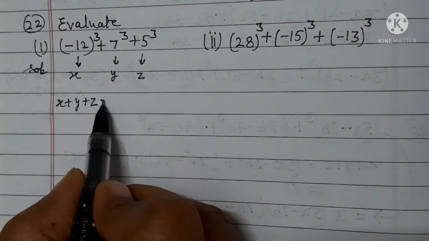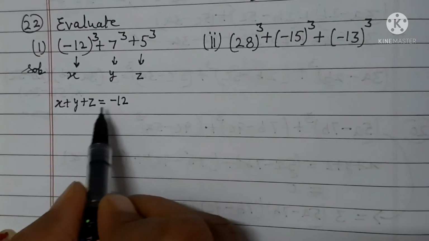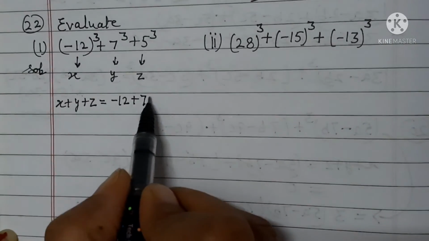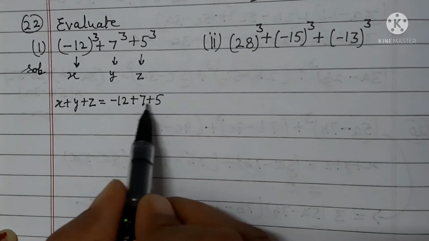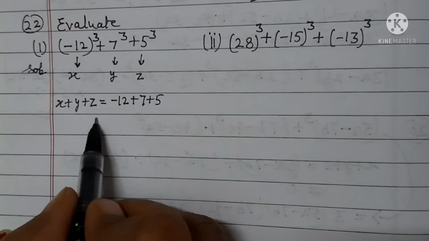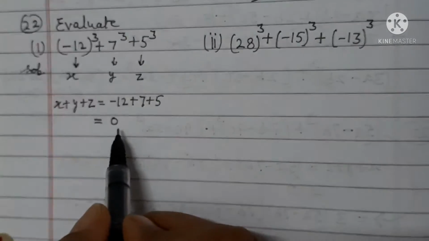Substitute the value: minus 12 plus 7 plus 5. 7 and 5 make 12, and minus 12, we get 0.